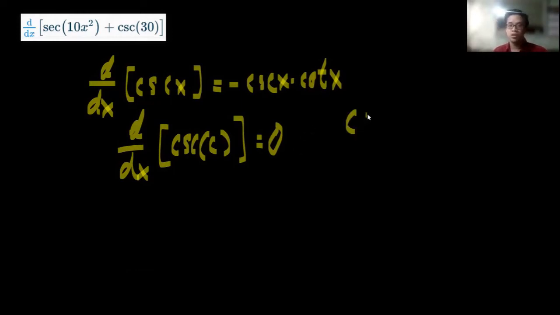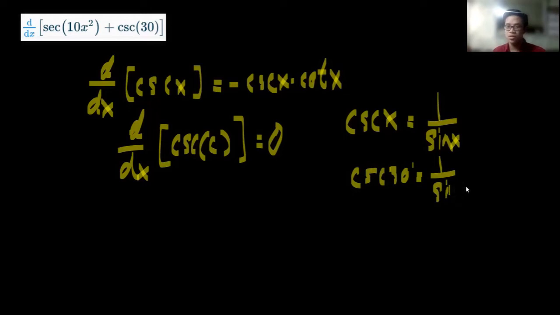And plus, guys, if you'd recall, cosecant is equal to 1 over sine x. So if your input is 30 degrees, this is equal to 1 over sine of 30 degrees. And remember that sine of 30 degrees is equal to 1/2. Therefore, this is 1 over 1/2.